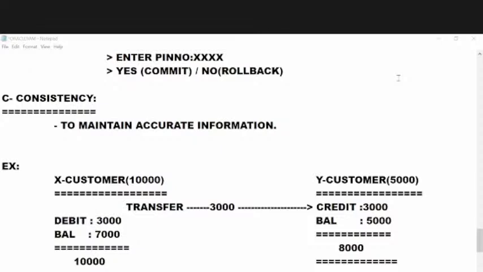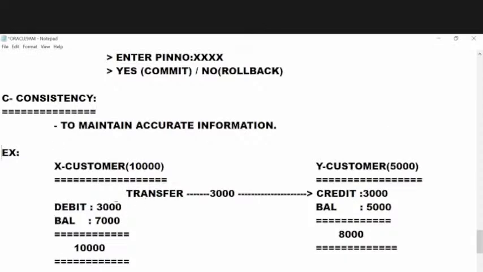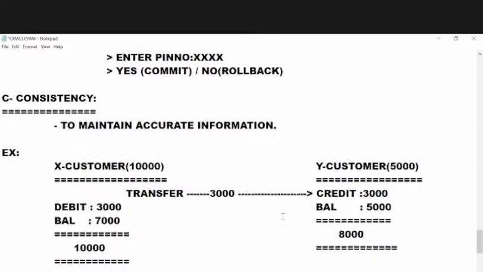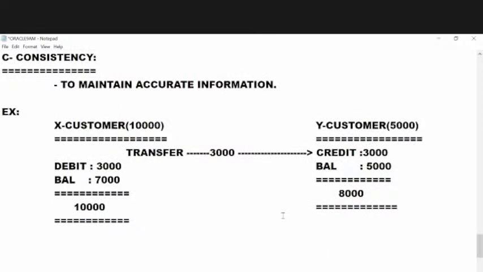Okay, right. So now we can see, finally, these are the balance amounts of X and Y after X customer transfers 3,000 from X to Y. Is there any problem in this, or are both pieces of information accurate? Is it clear? Nothing wrong?